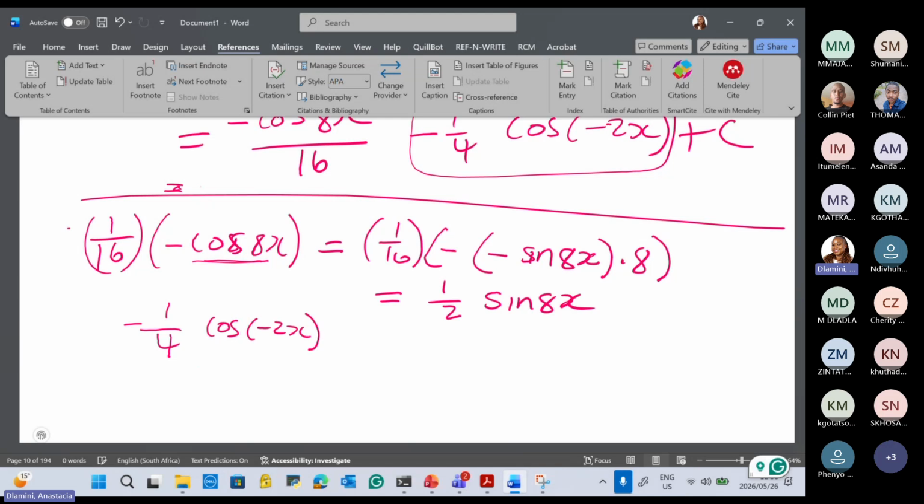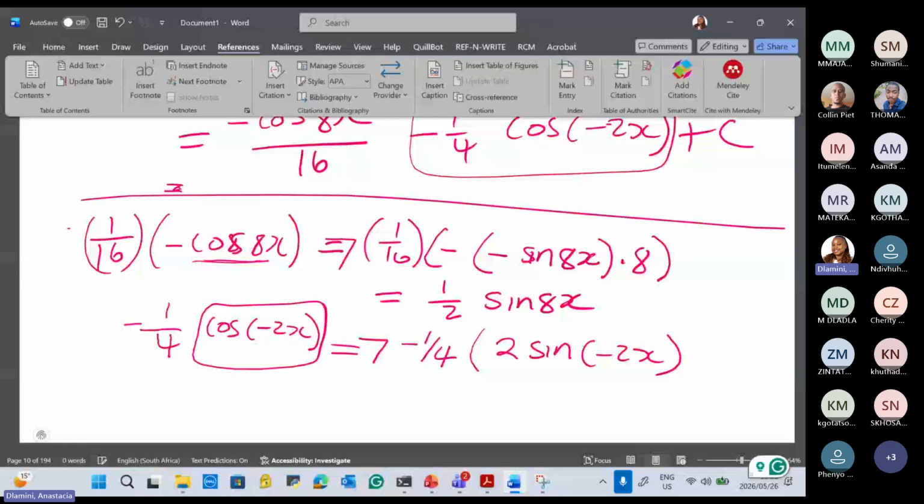So the derivative of this becomes what? 1 over 4 times the derivative of cos, which is negative sine, times 2 sine of negative 2x.